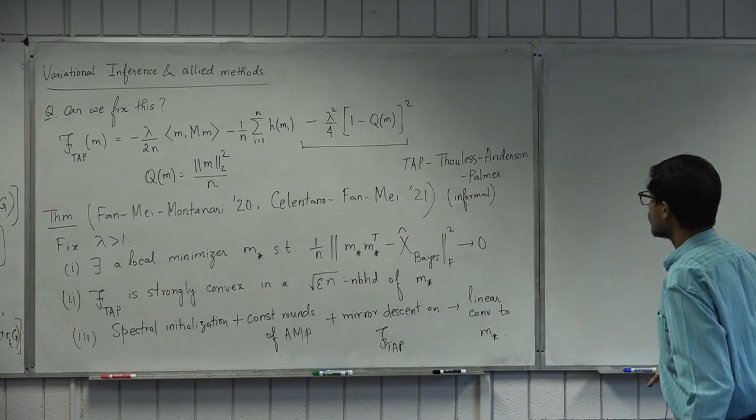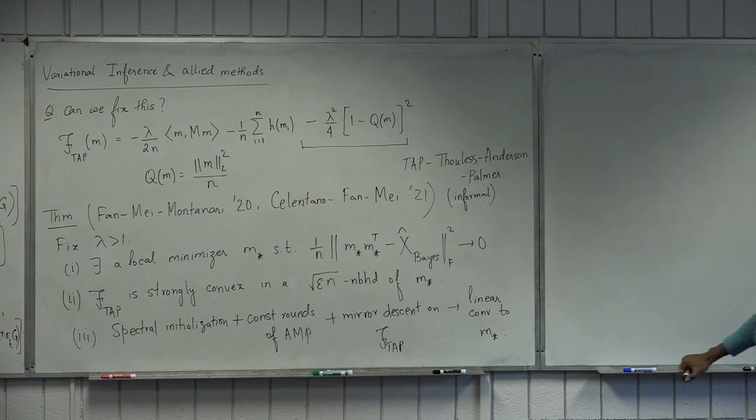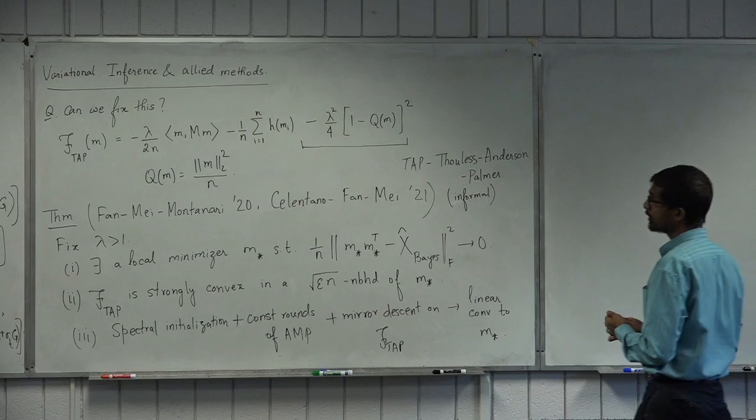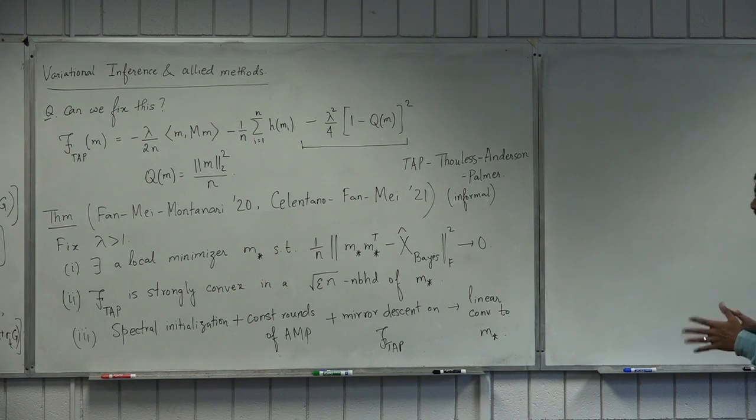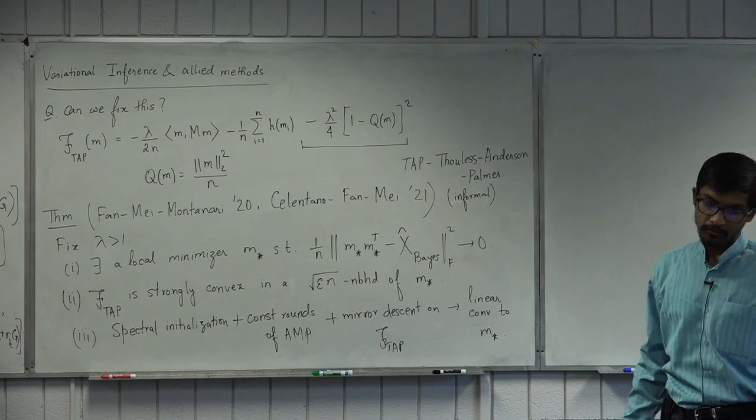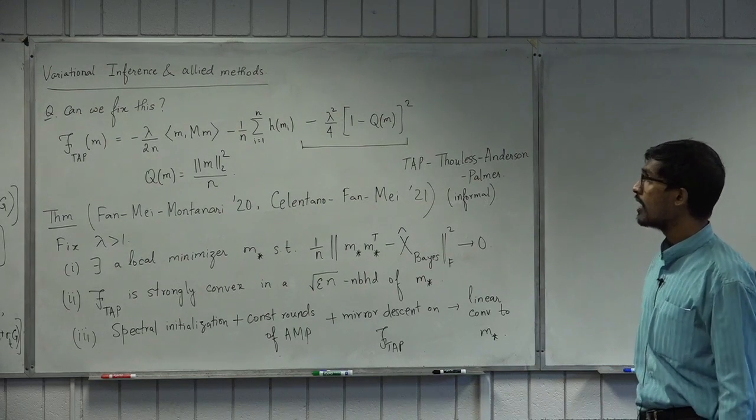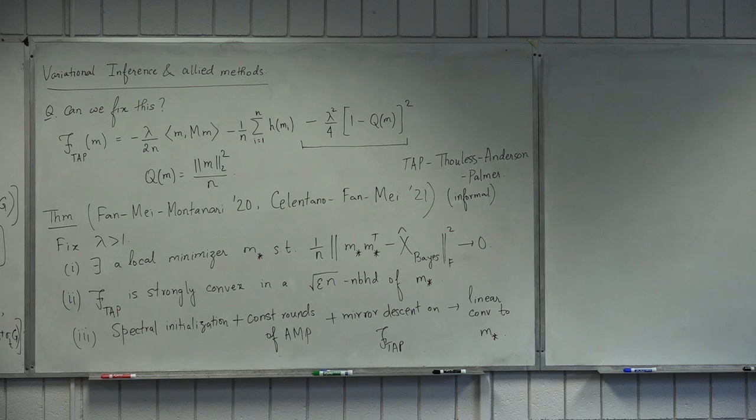Okay, so let me take maybe a few minutes to talk about computational statistical gaps, because if I don't mention this at all, it will leave this discussion very incomplete. Over the past 2 or 3 lectures, we've been talking about recovery and detection and optimal recovery and so forth. But in whatever examples we have discussed so far, when detection is possible, we have had very efficient algorithms as well.